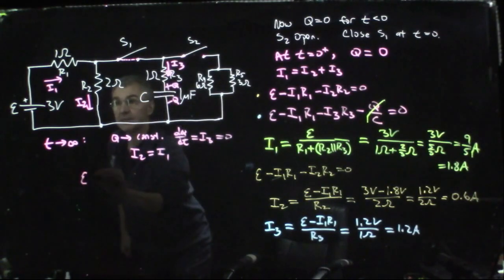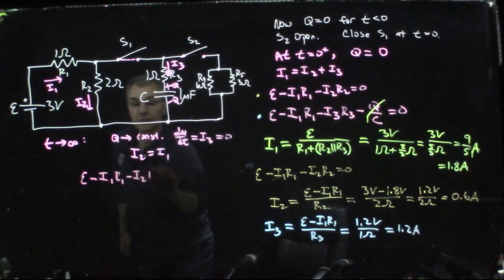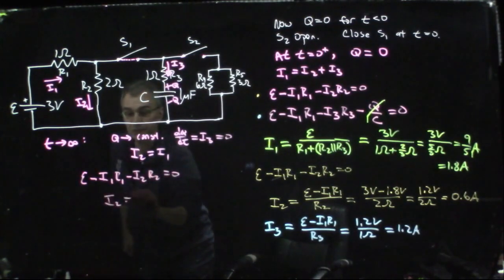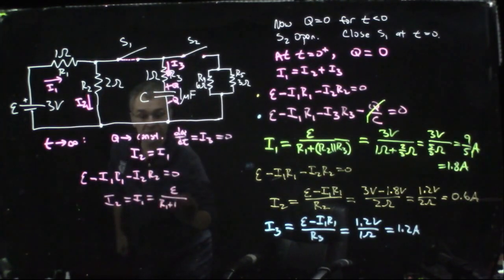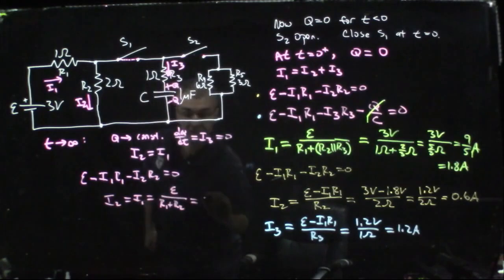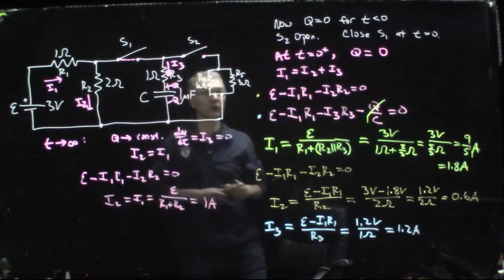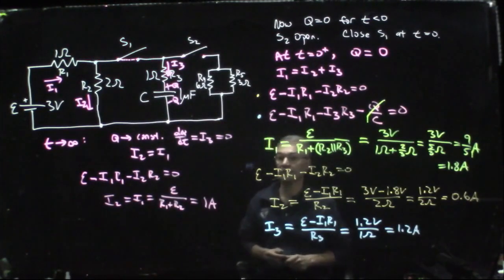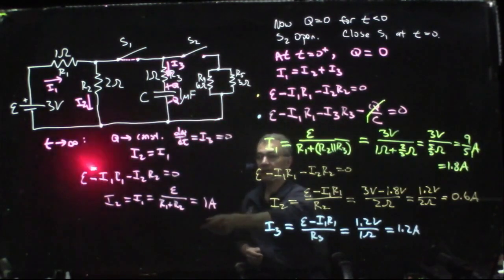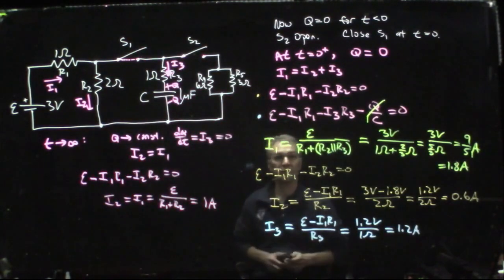We have the battery EMF minus I1 R1 minus I2 R2 equals 0, but these currents are the same. So I2 equals I1 is the battery EMF divided by R1 plus R2. That is just 1 amp, which is an answer we got earlier before we closed this switch. So I3 is 0, I2 and I1 are both 1.00 amp.